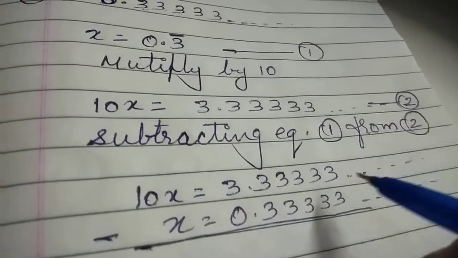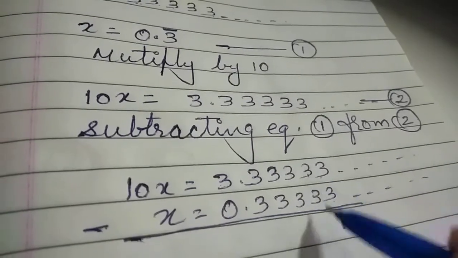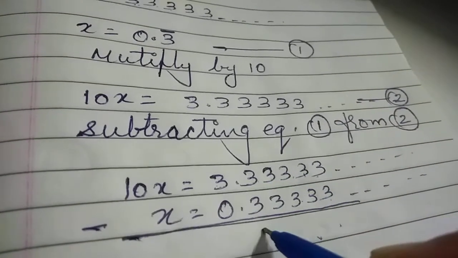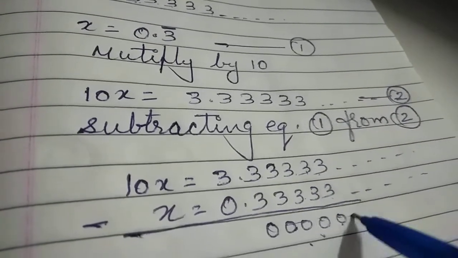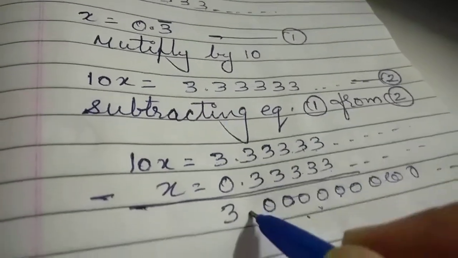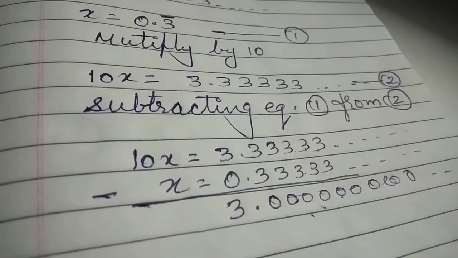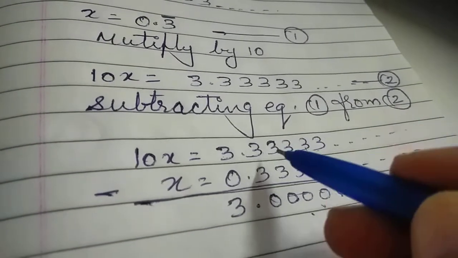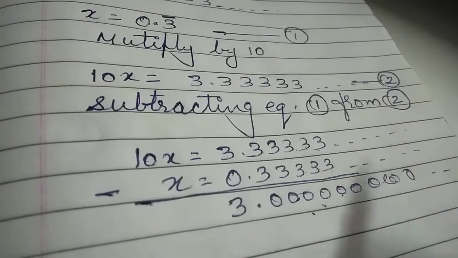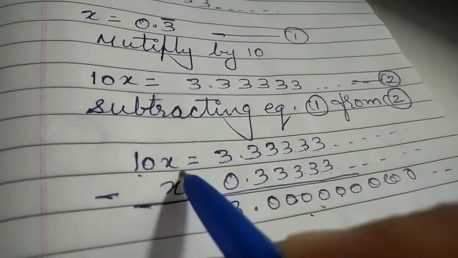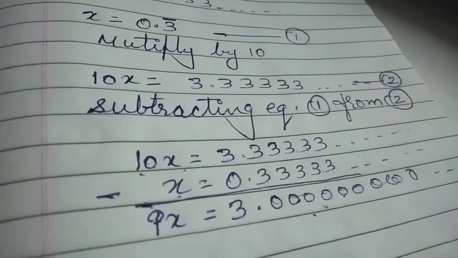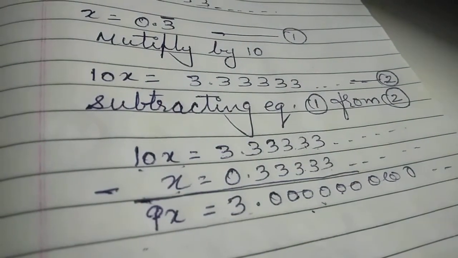So what will happen? 3 minus 3 is 0, 3 minus 3 is 0, and so on. All these will become 0 till infinity, and here we get 3.000000. All the 3s after the decimal become 0, and 10x minus x will be equal to 9x. So 9x will be equal to 3.